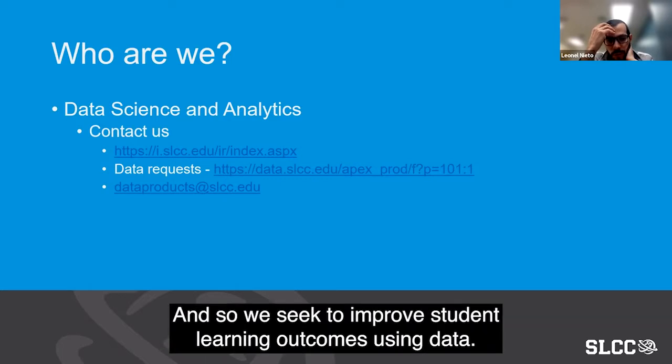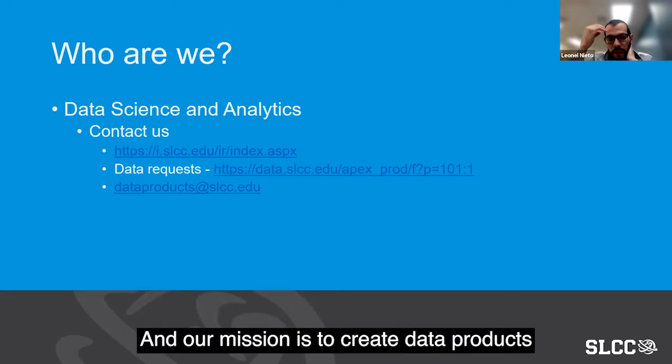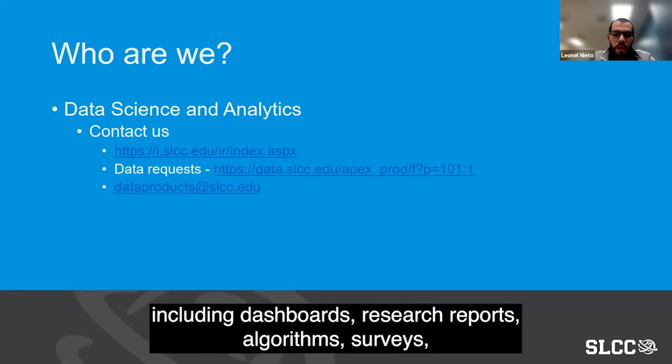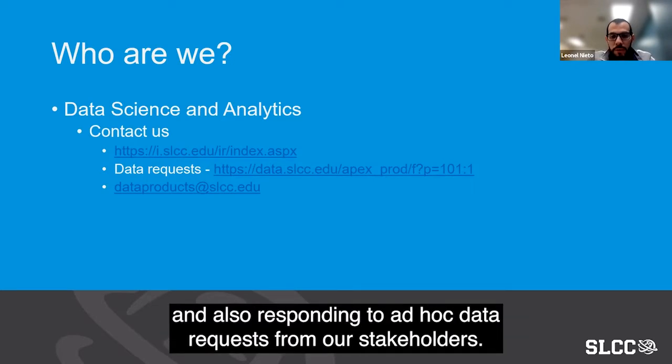We seek to improve student learning outcomes using data. Our mission is to create data products, including dashboards, research reports, algorithms, surveys, and also responding to ad hoc data requests from our stakeholders.